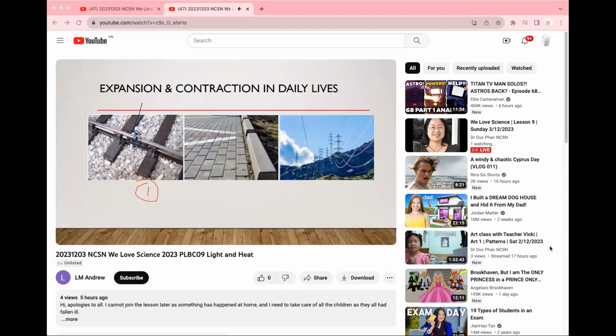Next up, we have the gap on the pavement. Same thing here, it is to allow expansion and contraction to take place. Lastly, on number 3, this dangling wire being hung loosely is also to allow expansion and contraction to take place.